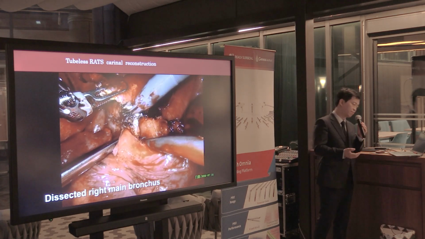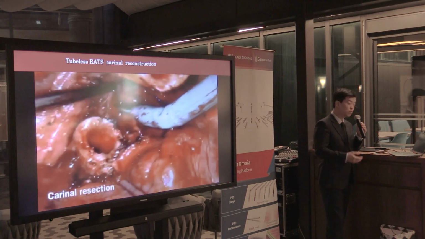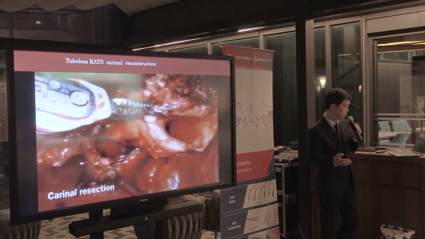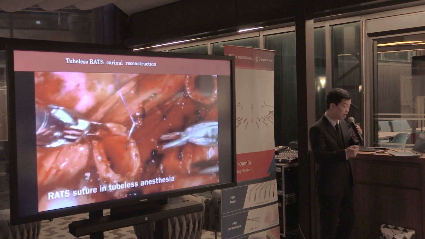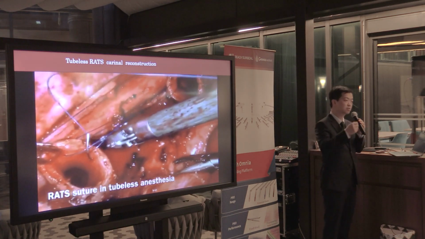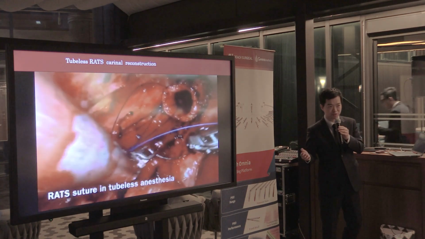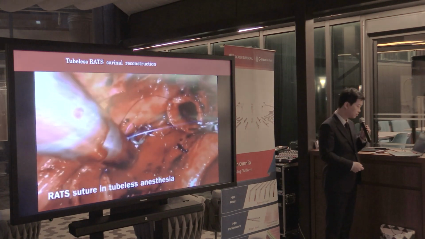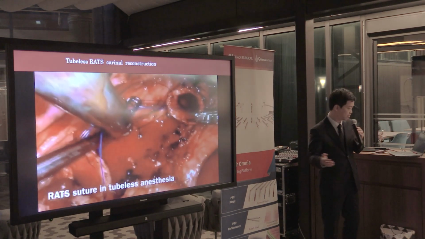And then I dissect the left main bronchus. Now we can see that we dissected the whole carina, and the patient just keeps his spontaneous ventilation. Now we can complete this carinal reconstruction smoothly, without the intubation, without the ECMO.